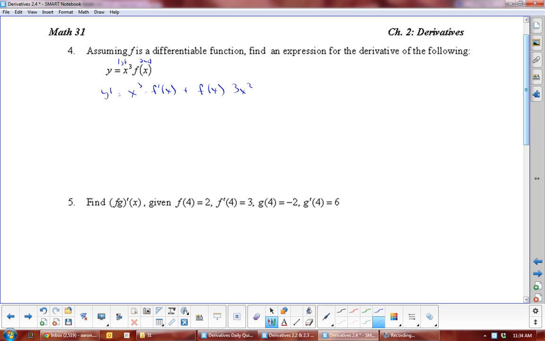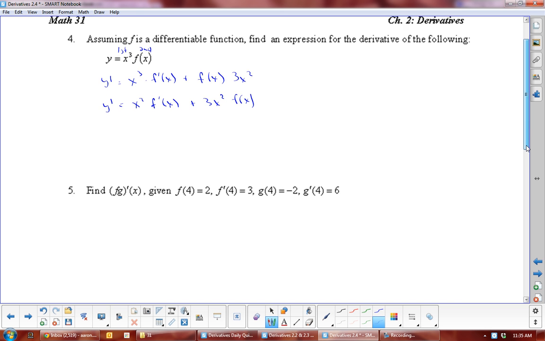And you usually wouldn't leave it that way. You'd keep the f of x in the second part, so our last 3x squared f of x. Okay, no big deal to change it around, but number 5 is definitely an example that you'd have to use the product rule to be able to get.